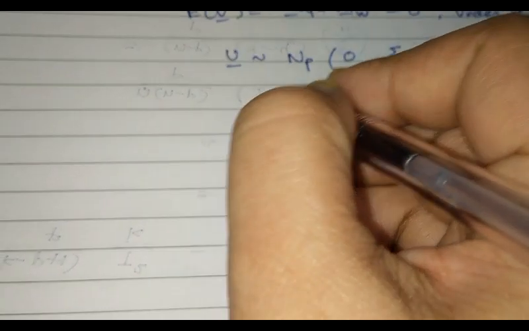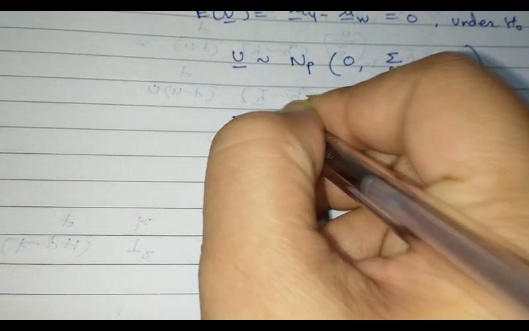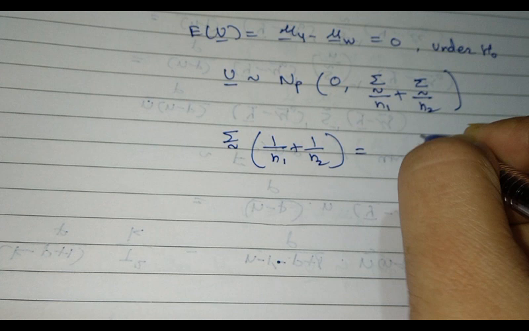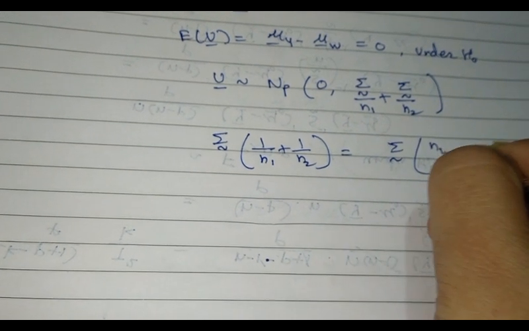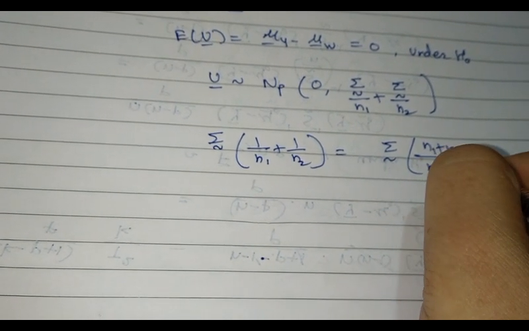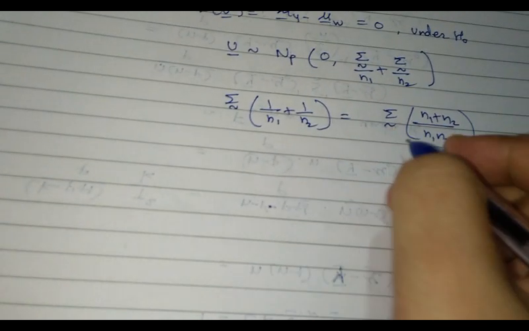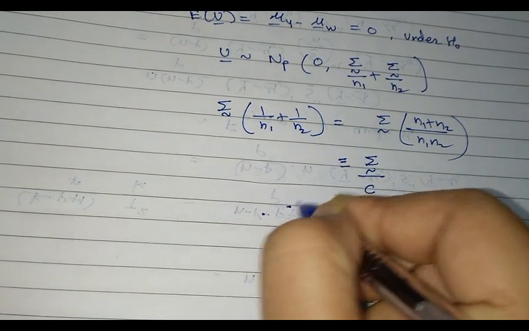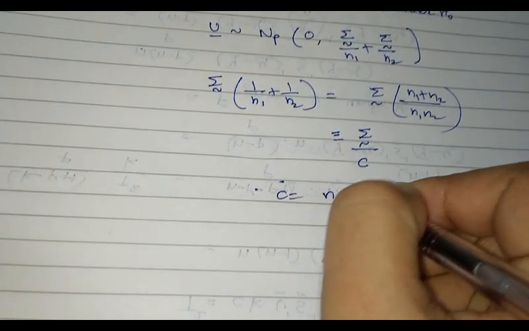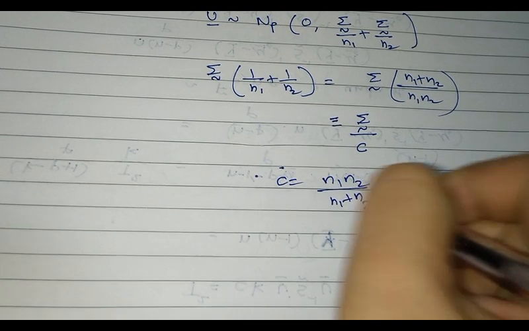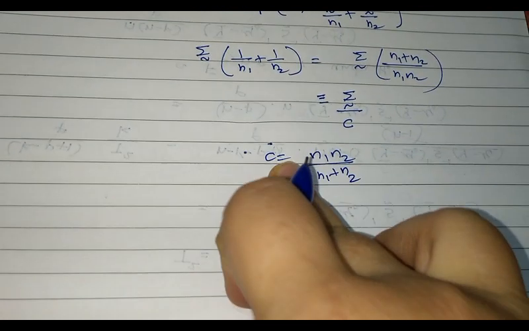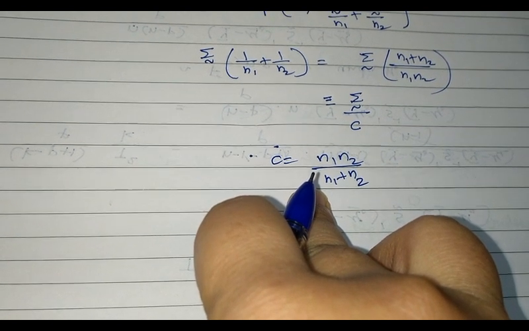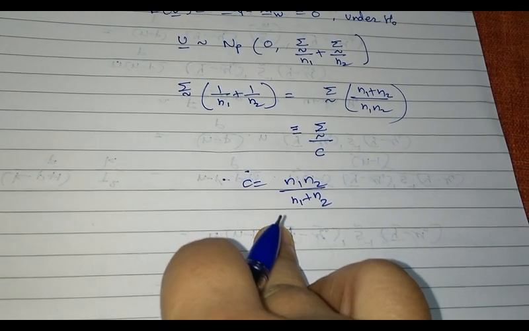So this I can also write as sigma times (1 upon n1 plus 1 upon n2), which is sigma times (n1 plus n2) upon n1 n2. If I want to say that this is equivalent to sigma by C, my C has to be n1 n2 upon n1 plus n2. Noted?